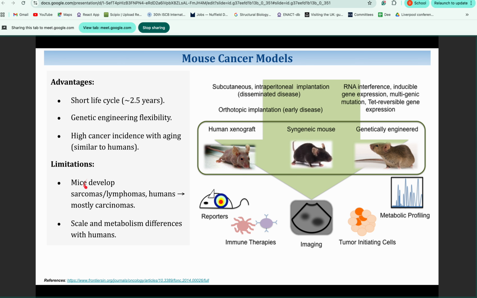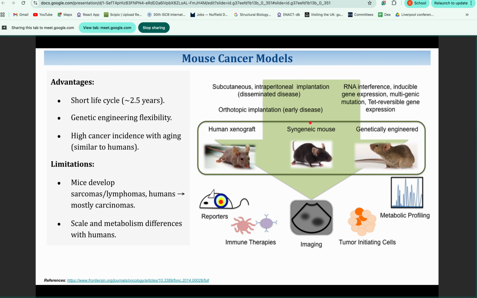But the limitations are that mice develop sarcomas and lymphomas, and humans mostly carcinomas. So this is the limitation, that instead of observing carcinomas we observe sarcomas or lymphomas. And scale and metabolism differ from humans. So these are some of the limitations of using mouse cancer models, although they are quite advantageous.